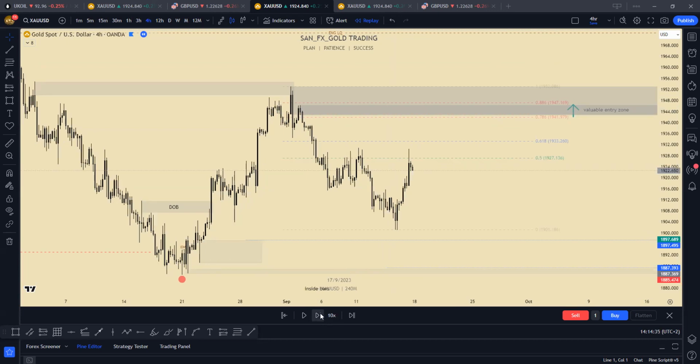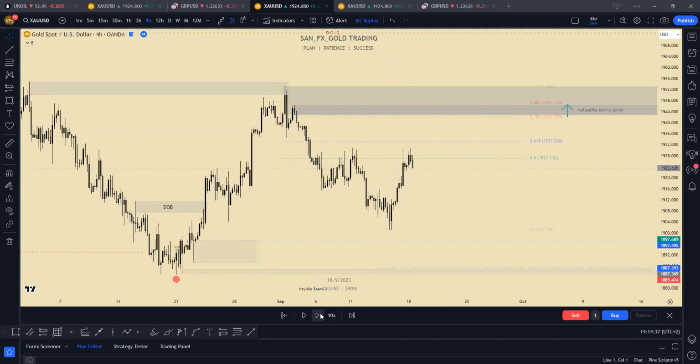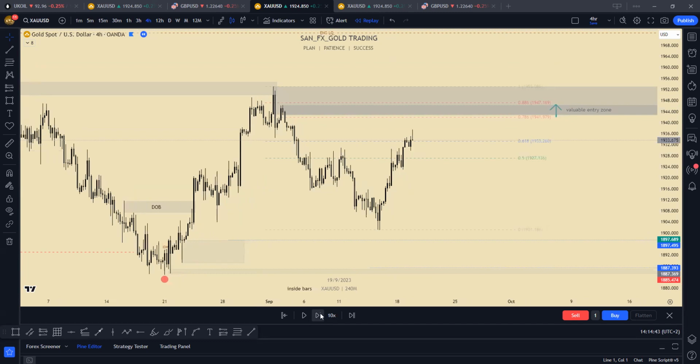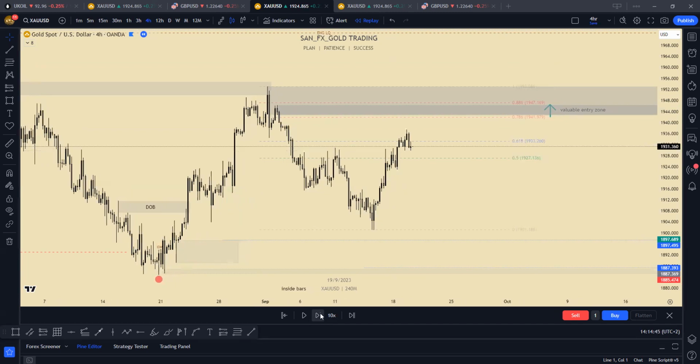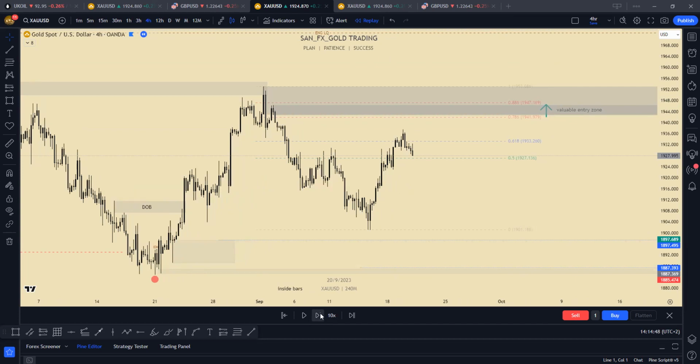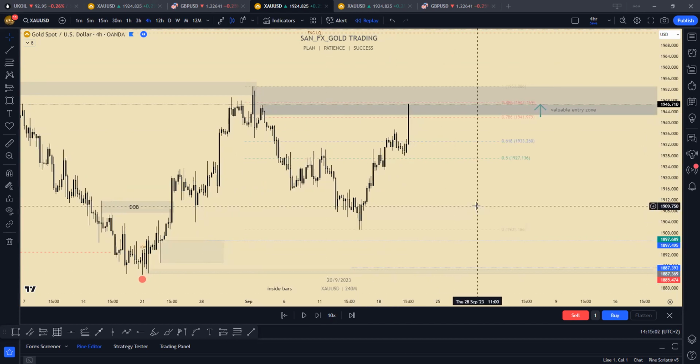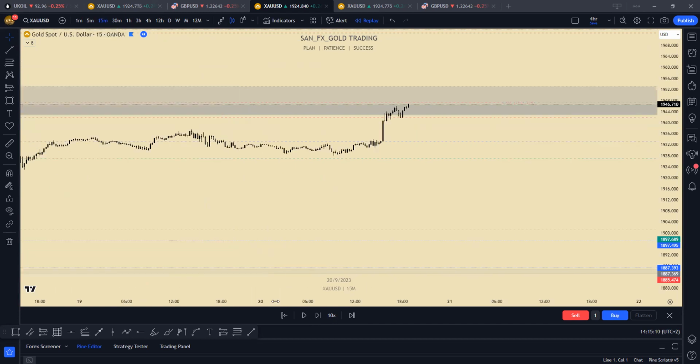Let's see what's happening. So we have two candles, the dark gray and light gray. And the news, after the news, we see this huge candle. As I mentioned, I use the 4 hour for the mapping, then swap to the 15-minute for the entry.